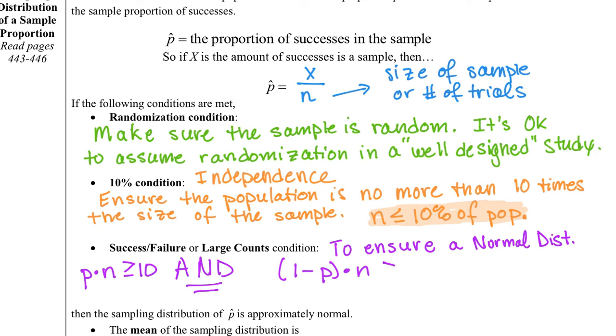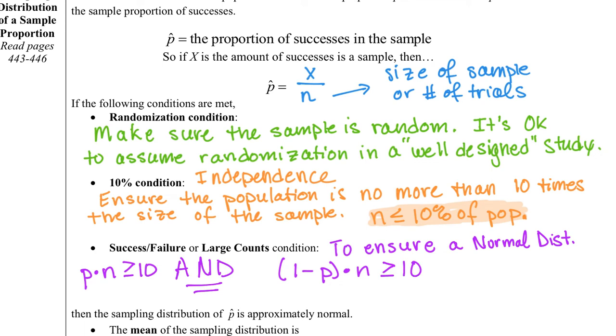Then the same thing applies for 1 minus p. So this would be the opposite side of the distribution. And I'm not saying left or right because it depends on whether our p is less than 50% or greater than 50%. So this would also be 10.